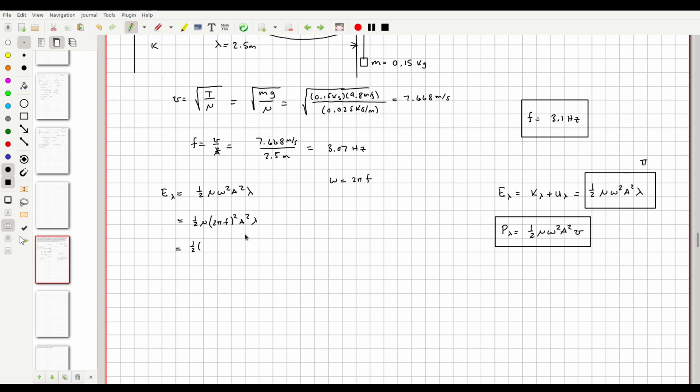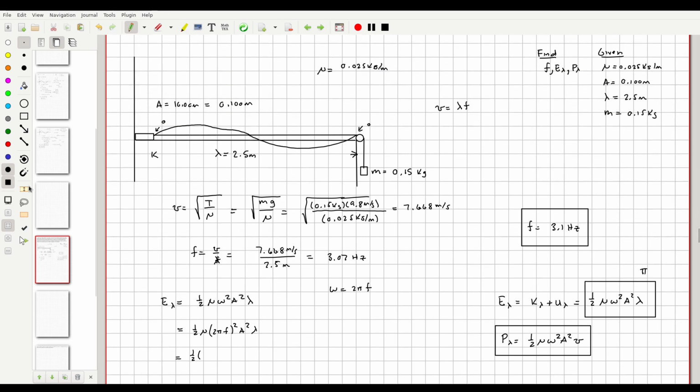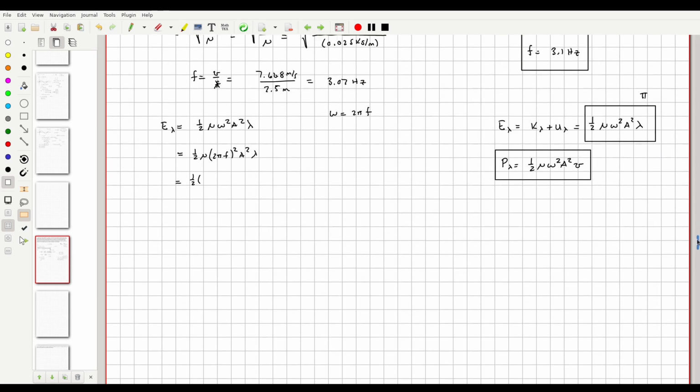Mu is, actually, let me get all my data here, and I'm just going to copy it and paste it over here, just so I can make life easy. All right, so mu here is 0.025 kilograms per meter.